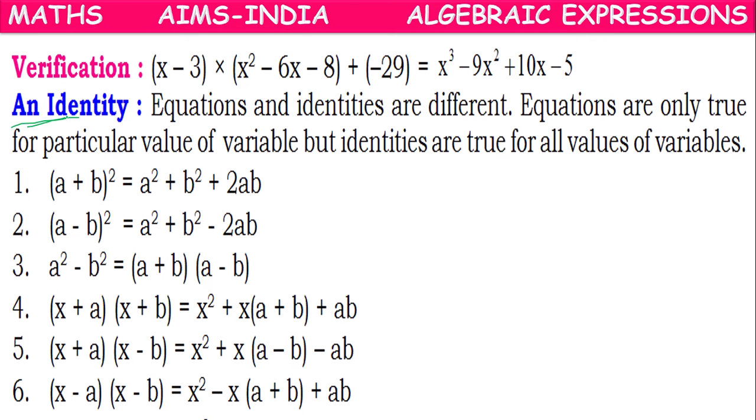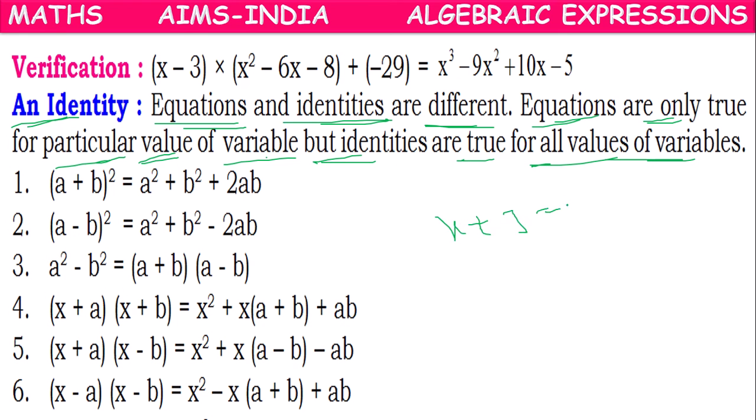So next we have identity. Equations and identities are different. Equations are true only for a particular value of the variable, but identities are true for all values of the variables. Suppose x plus 3 equal to 7. Is it an identity or an equation?